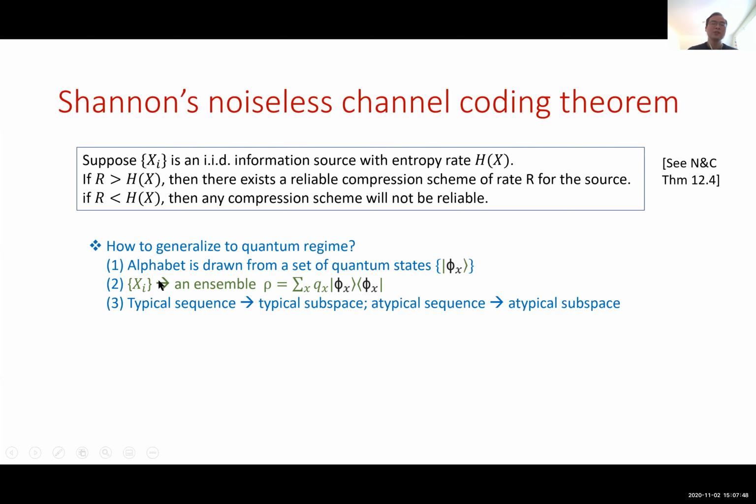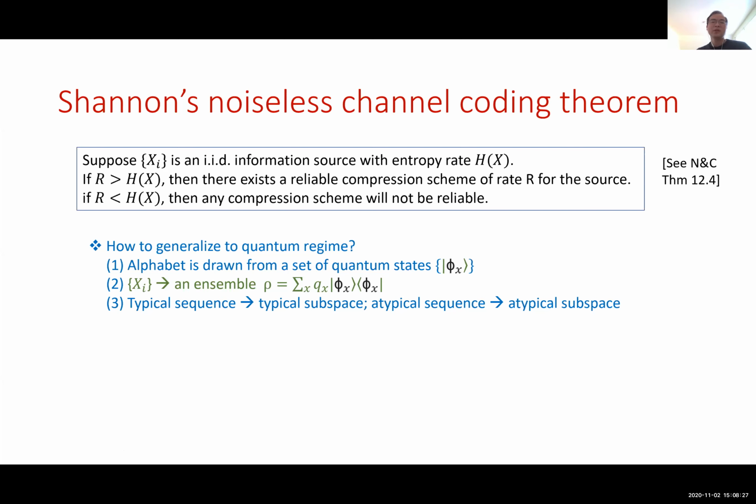So to describe this source, you can use an ensemble of rho. It would emit phi x with probability qx. So this is a density matrix. I'm sure by now you are familiar with this language. So how do we generalize the typical sequence? We're going to generalize that to a typical subspace.